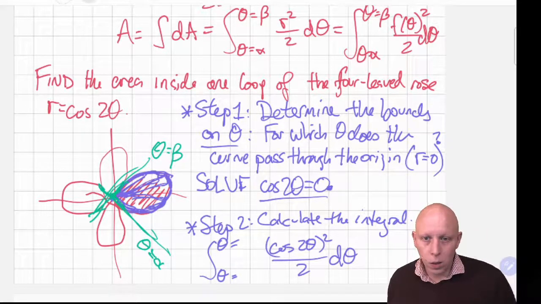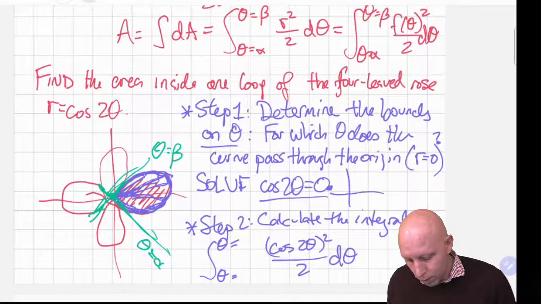So when is the cosine function equal to 0?